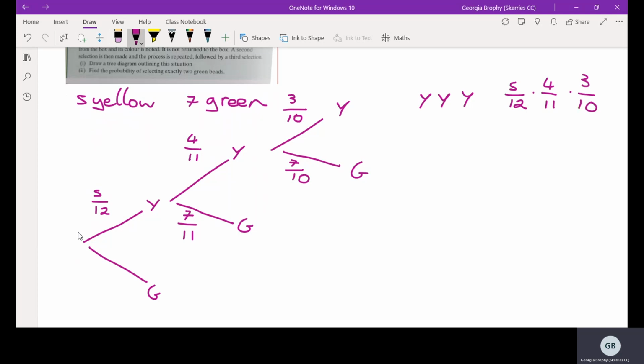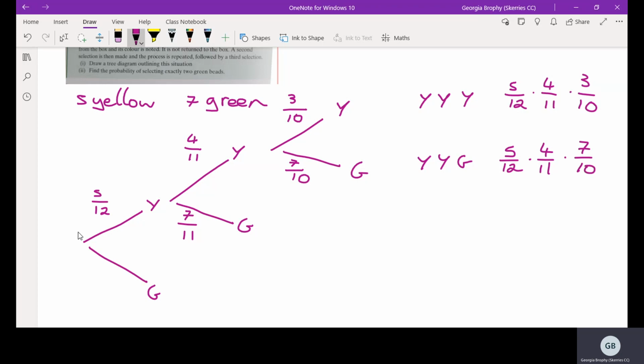Let's look at what would happen if you chose yellow, yellow, green. The probability is 5 over 12 times 4 over 11 times 7 over 10.